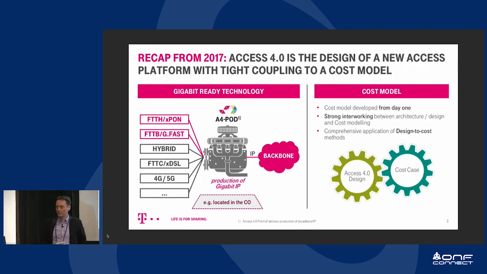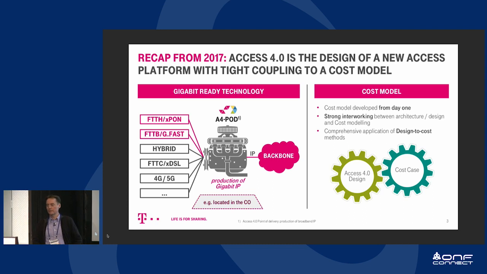This you have also seen if you have attended some of the talks. We are building a system that is sort of a mini data center that is located in our access network. In Germany, we are talking about roughly 900 sites.